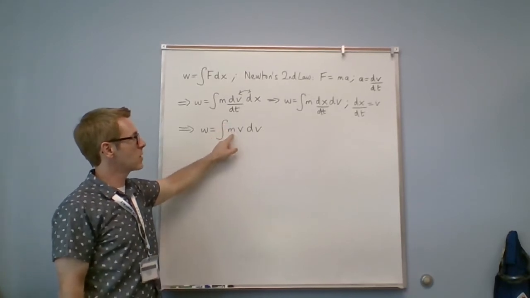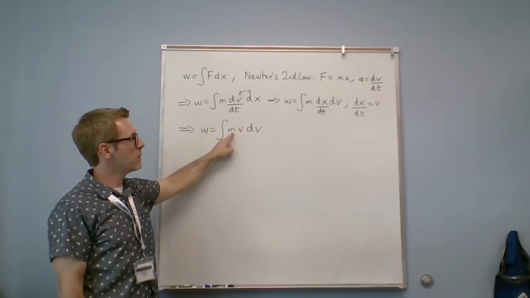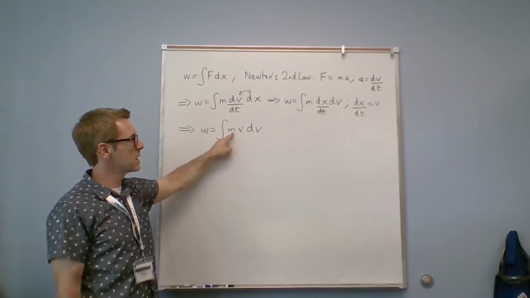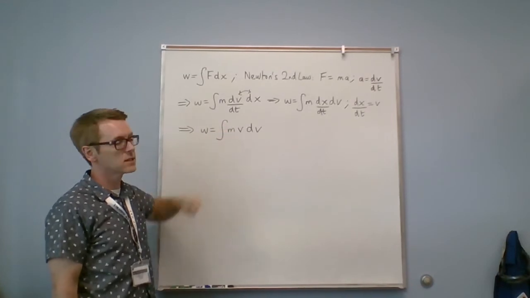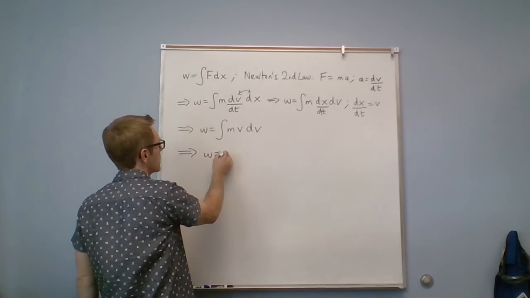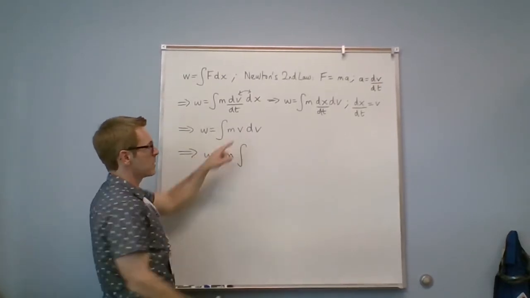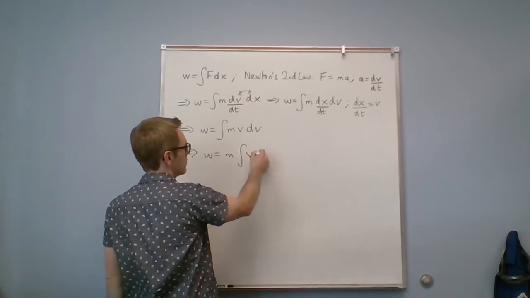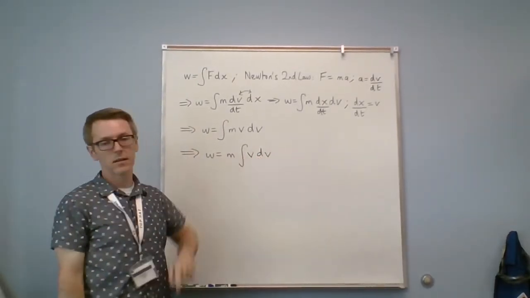However, the sum is not going to do anything to mass. And typically, a mathematician or a scientist would move anything that the sum won't affect to the left side of the sum. So we'd rewrite this as work is the mass, get the mass out of the way, and then the sum is left to hit velocity because it's trying to attack the d, and the d contains velocity.